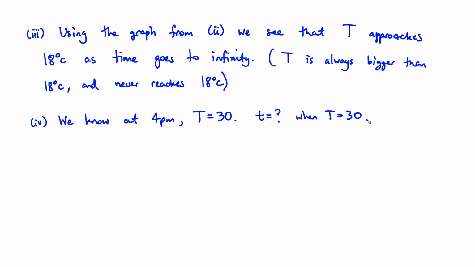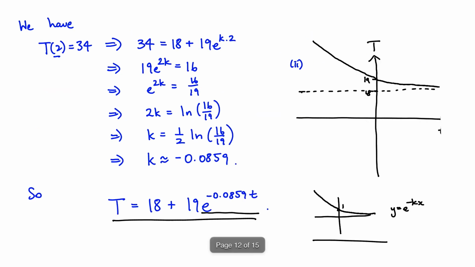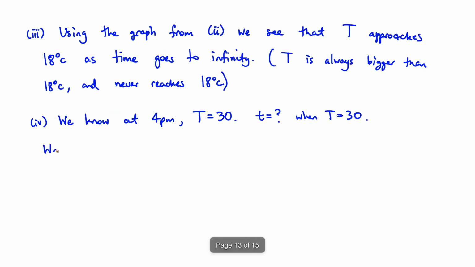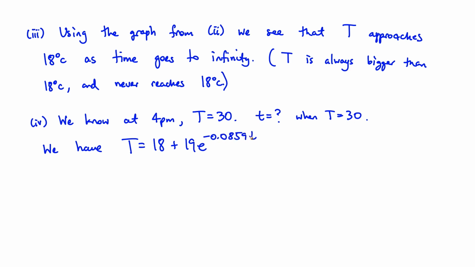So let's go back to our function. Well, here it is. Capital T is 18 plus 19 e to the minus 0.0859 t. So now if we substitute capital T equals 30, we want to figure out what little t is.